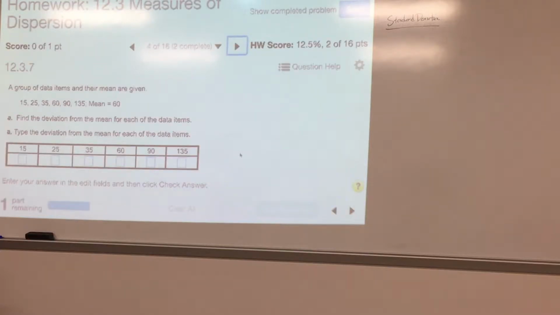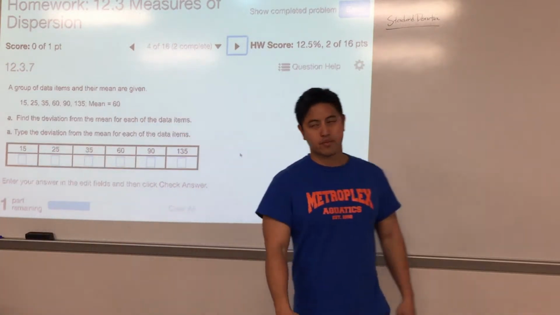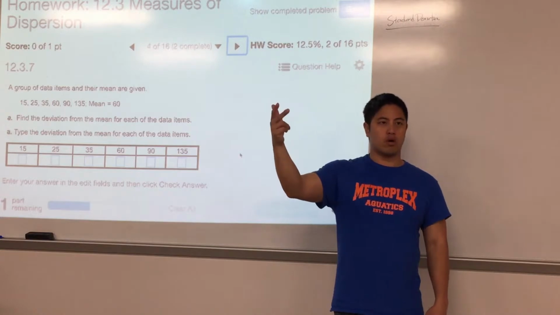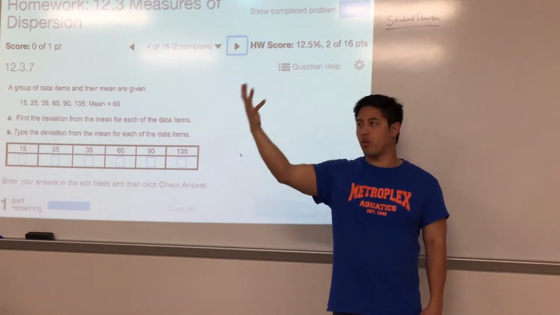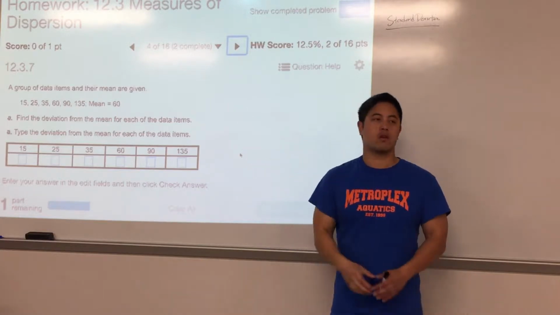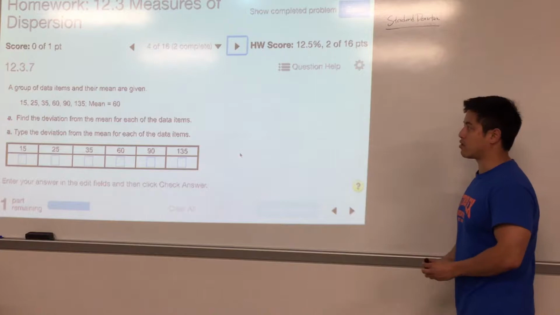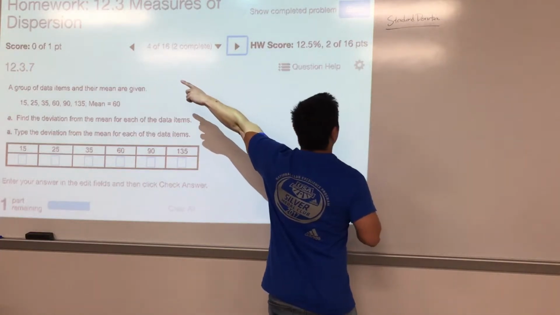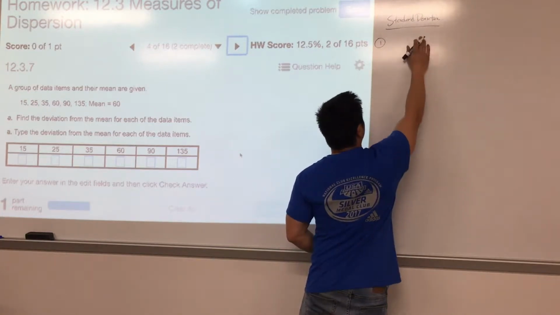All right, now we get into the actual standard deviation work. So you have mean, median, mode, mid-range, range. All those are ways to look at your data, right? Now we actually get to the meat of this section, which is standard deviation. The first step to figure out how dispersed your data is and to calculate your standard deviation.